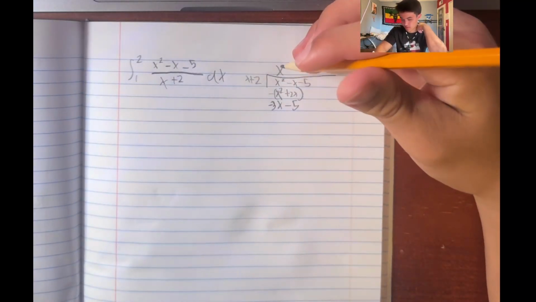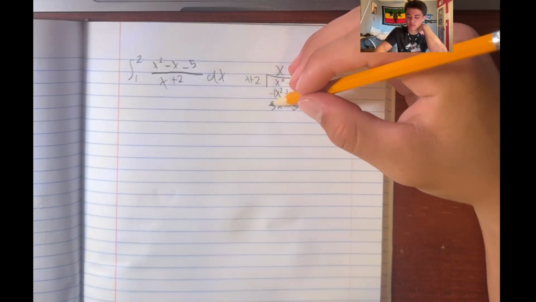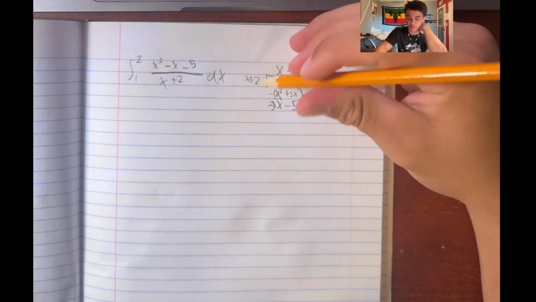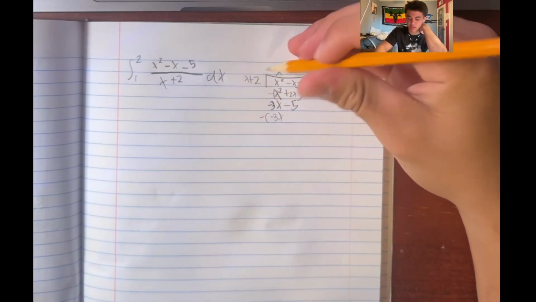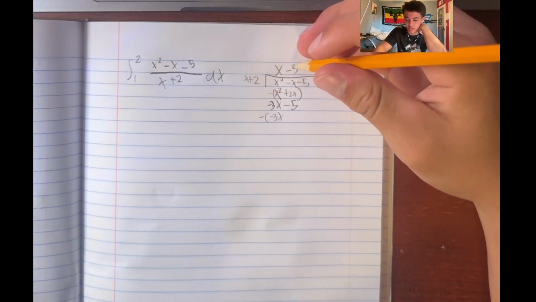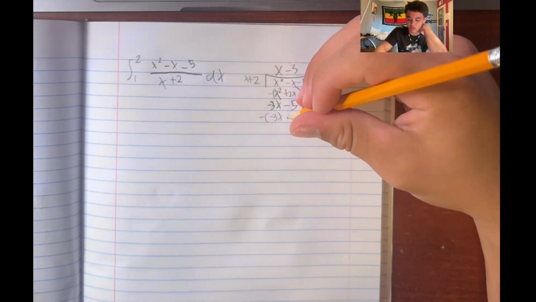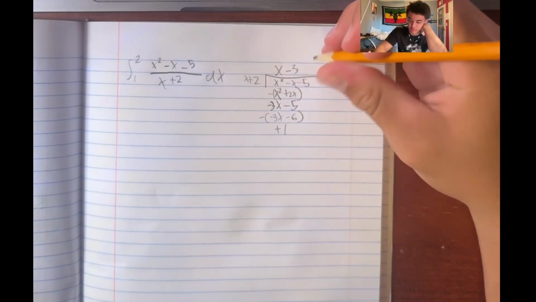And now x goes into... x times what is negative 3x? Negative 3. So negative 3, we're going to put that in there. Then that's going to turn into negative 3 times x, negative 3x, negative 3 times 2, negative 6. So we're going to end up with a remainder of plus 1.